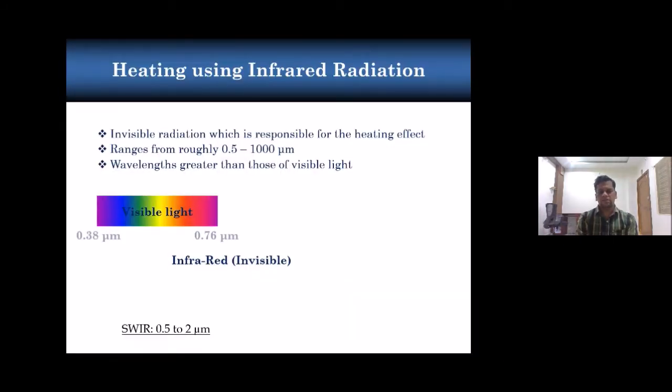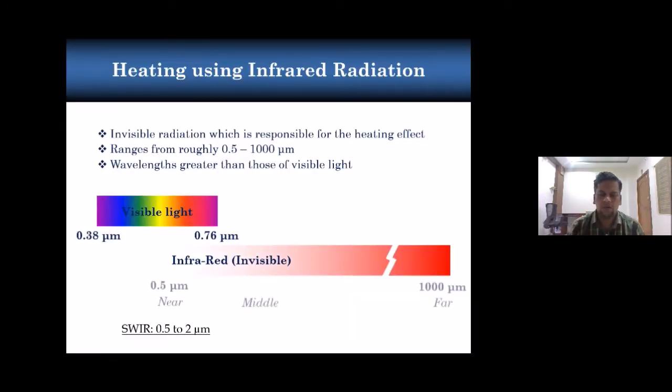Now coming to infrared radiation. If you see the total electromagnetic spectrum, this infrared radiation will fall between 0.5 microns to 1000 microns. Over this range, we can see only the invisible part from 0.5 to almost 100 micrometers. This is further subdivided into three regions: short wave infrared, medium wave infrared, and far infrared.